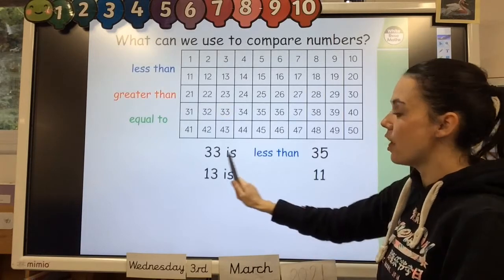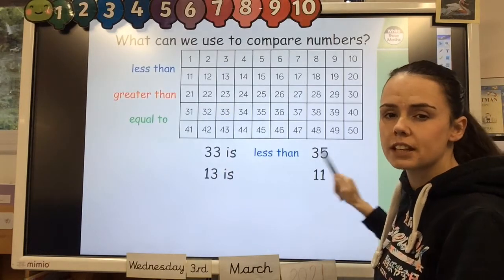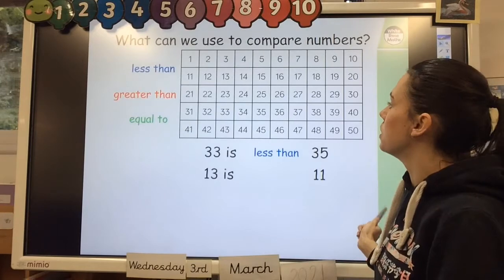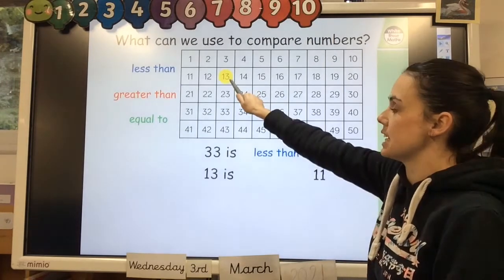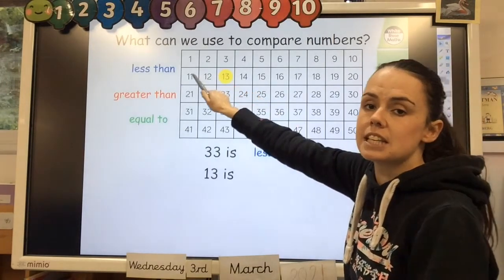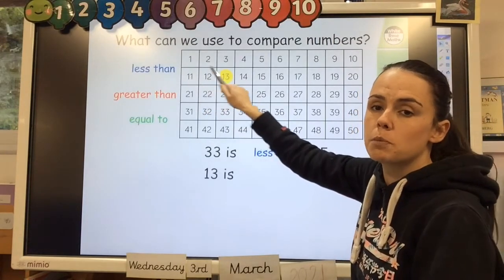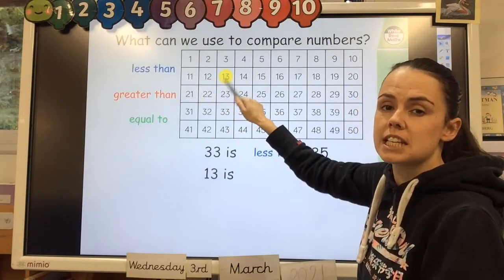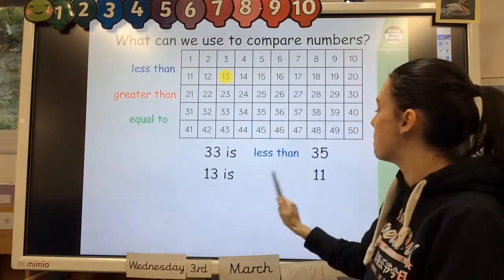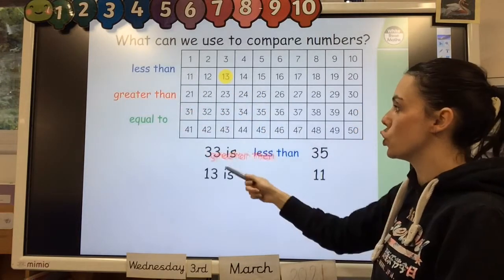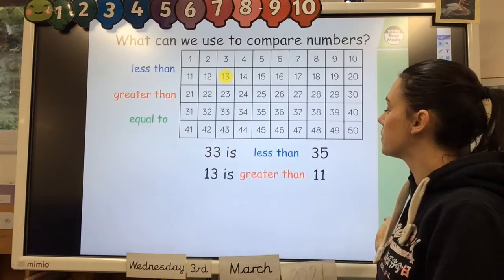Let's try another one. 13 is something to 11. So let's find 13. 13 is here. And 11 is here. Which one is bigger? Which one's got more? 13, hasn't it? So 13 is bigger than 11 or greater than 11.